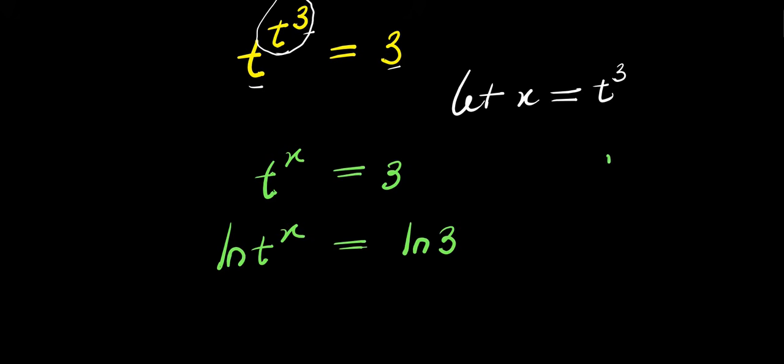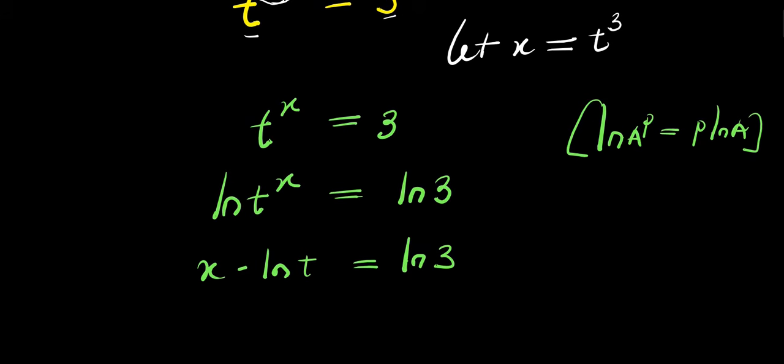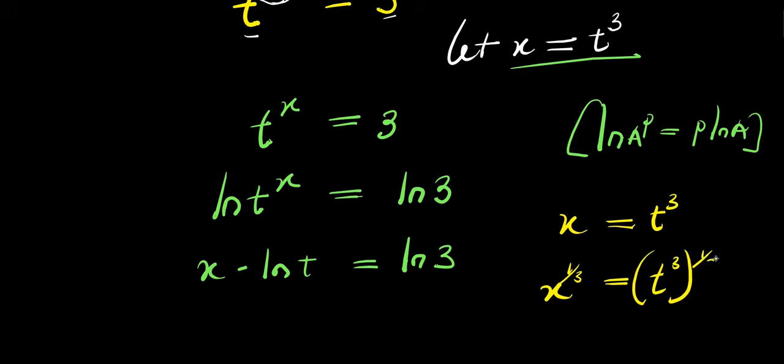And from here, if you have natural log of a power p, this is p times natural log of a. So this will be x times natural log of t equals natural log of 3. Now, if x equals t power 3, that means x power 1 over 3 equals t power 3 raised to the power of 1 over 3, because I want to isolate this t.